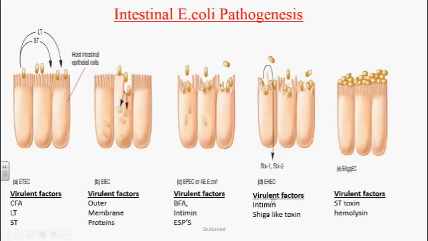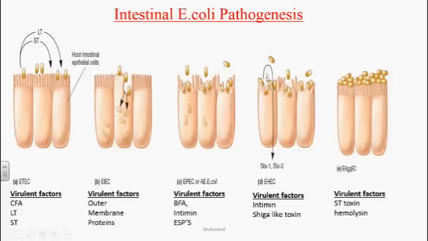And the next variety is enterohemorrhagic E. coli. These enterohemorrhagic E. coli attach to the epithelial cells, enterocytes, with the help of bundle forming pili, and after attachment they will secrete E. coli secretory proteins through the type 3 secretory process into the host cells, and after secreting, the intimin attaches to the secreted TIR receptor, the translocating intimin receptor.